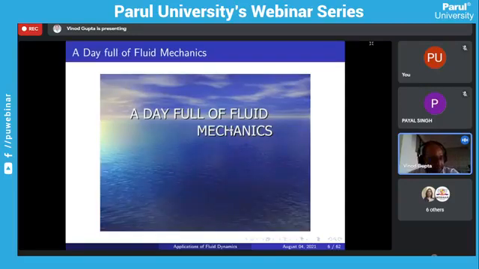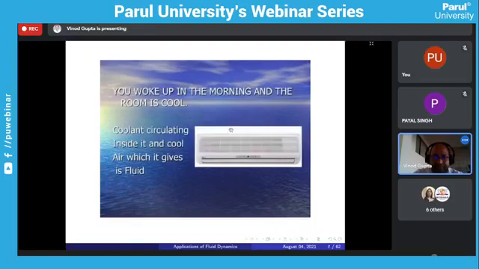First of all, we will see the applications of fluid dynamics in our day-to-day life. When you wake up in the morning and start the AC, you see the coolant circulating inside it, and the cool air which it gives is a fluid, because as we have seen earlier, fluid means liquid as well as gases.